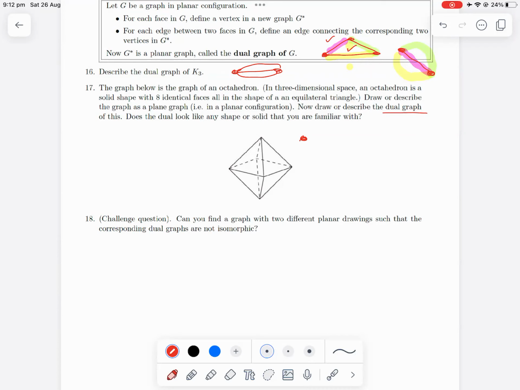Let's firstly draw the planar version of this one. So this guy. Actually, it is hard.